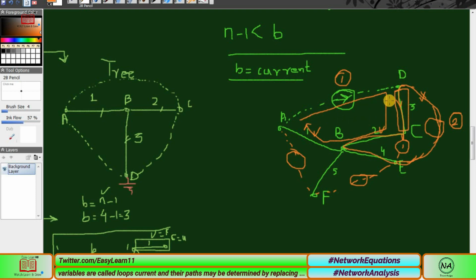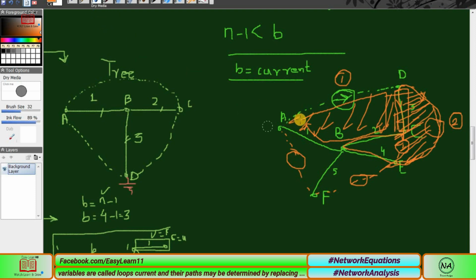So line number 3 is a line that touches the 2 neighboring loops. For example, the loop that I highlighted, this one, is a closed path. There is another loop, this one. So 2 loops can be seen, 2 different closed paths.